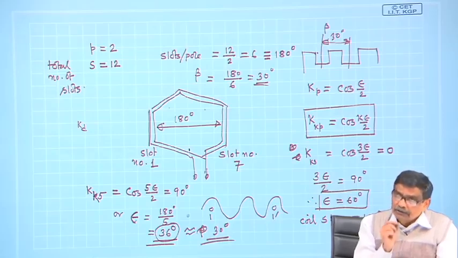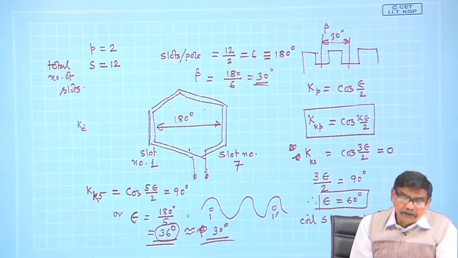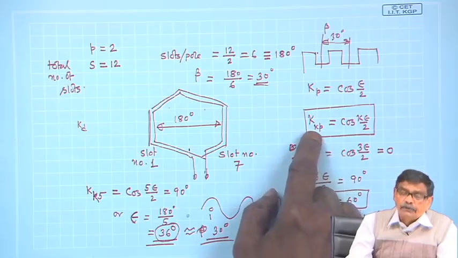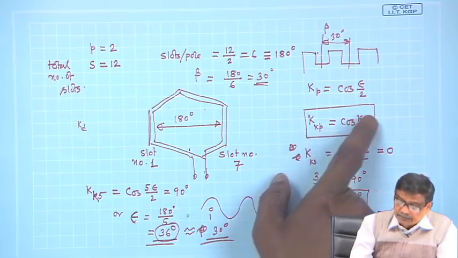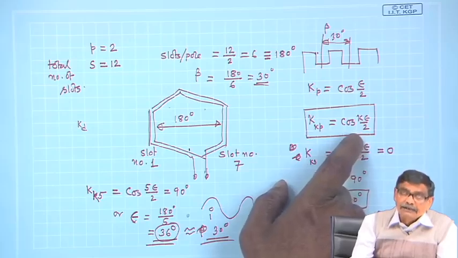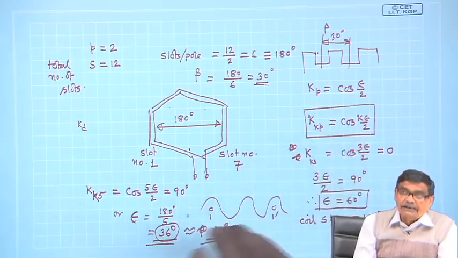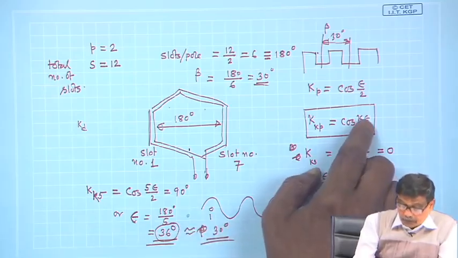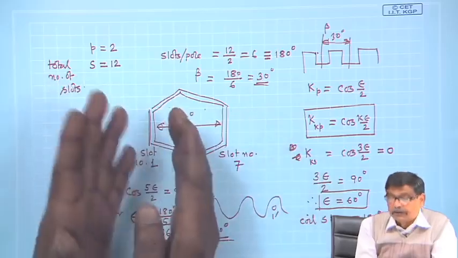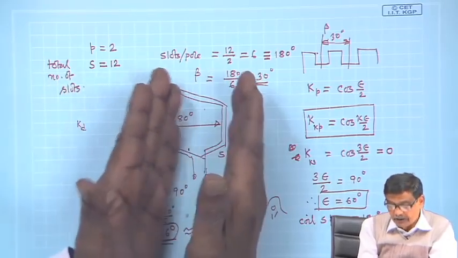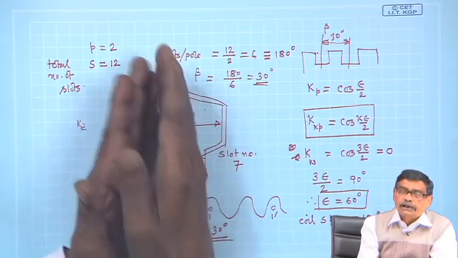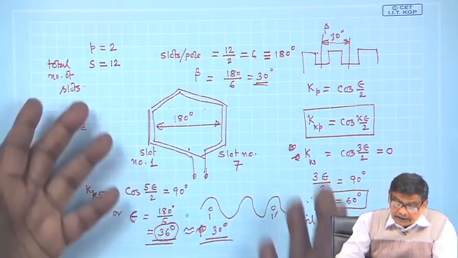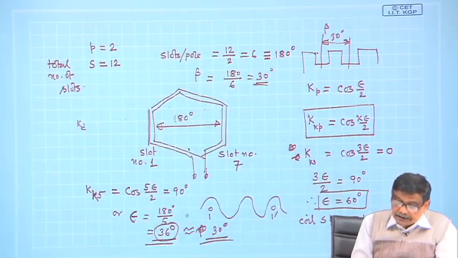Whatever it is, I know that beta. Therefore, the pitch factor I have found out for any kth harmonic is cosine k epsilon by 2. It tells me that perhaps by choosing an appropriate epsilon, what is epsilon? Epsilon is the angle by which the coil is short chorded, by what slot I will reduce, so that it will become short pitched by epsilon degree.